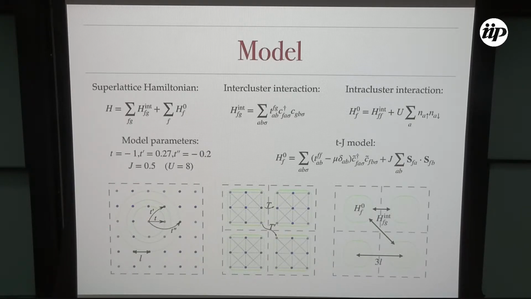This way the translation is conserved only for the 3 by 3 cluster, and it is broken in another way. You can see that we can translate this cluster by the new translation vector, and we get a good agreement.